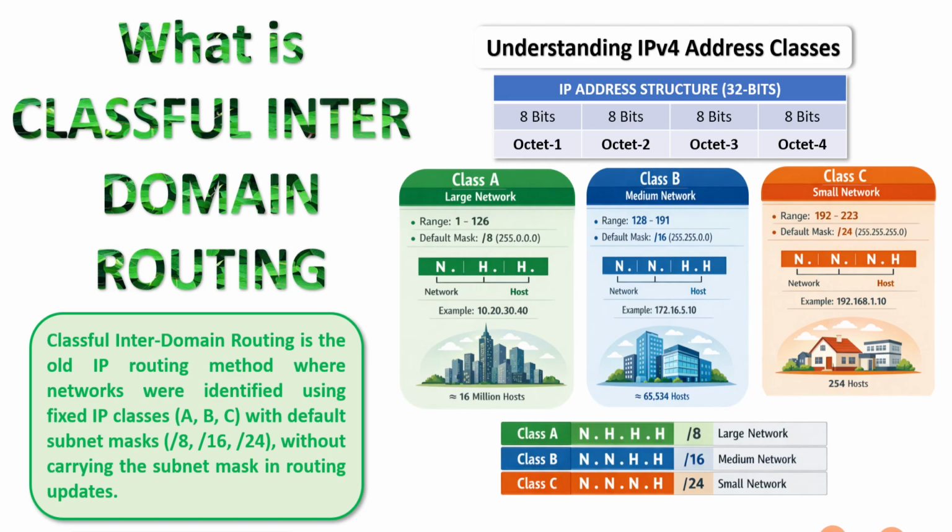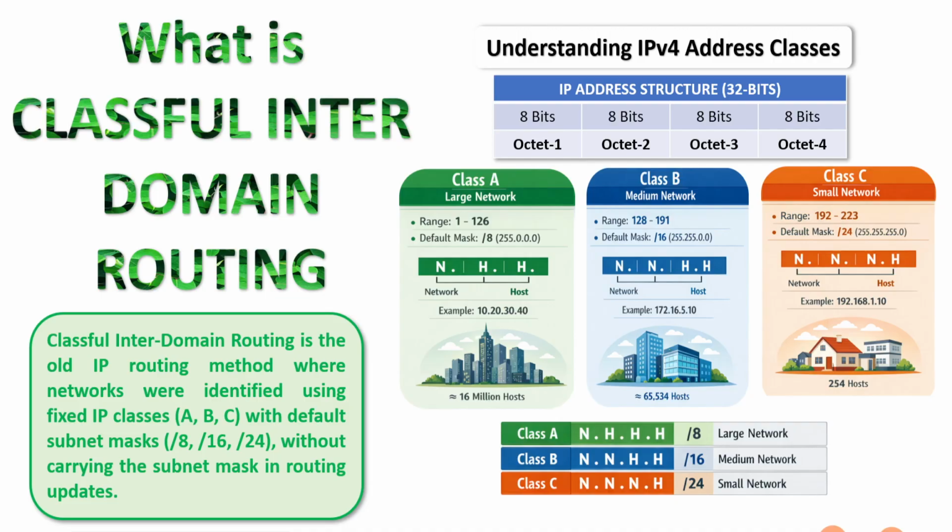Whatever the fixed mask is, we have to use it, even if you don't need that many network and host addresses. That's why it got deprecated. People are not using this; people are using classless interdomain routing. We'll see it in the coming slide. So the default mask is /16, and the first 2 octets are for the network and the rest for the host.